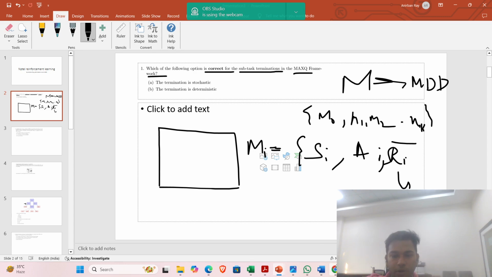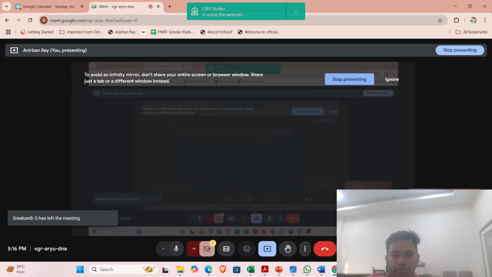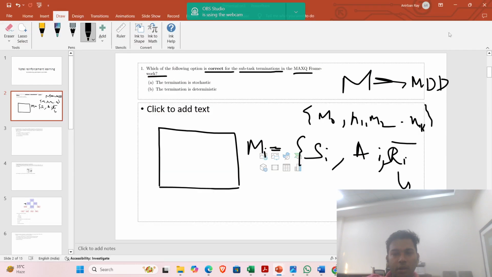This is called pseudo reward. And this S_i is all the sub states that are available to that sub machine, or you can say the smaller task, subtask.